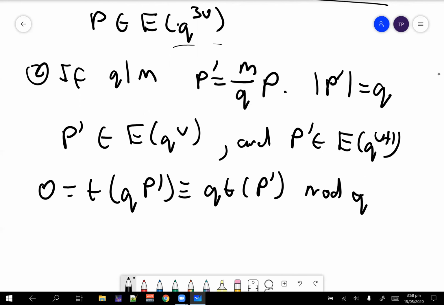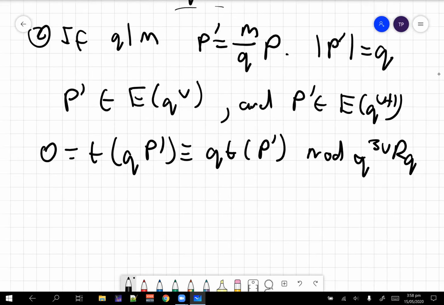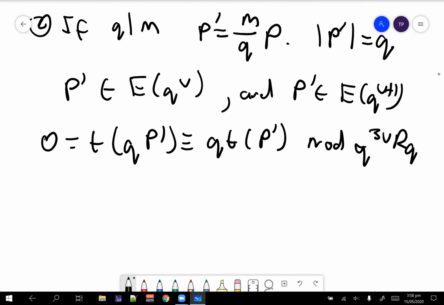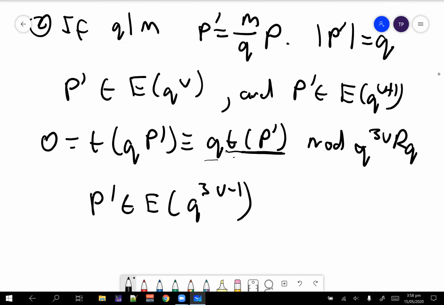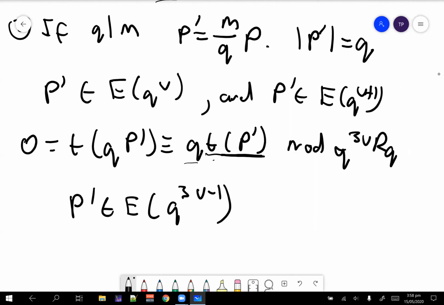And then it follows that, since Q is non-zero, this thing is 0, and that gives us a contradiction because we get that P prime is inside E of 3v minus 1, and that contradicts because 3v minus 1 is greater than v plus 1, and the thing is contained inside. Sorry, this should be not contained in. It is actually contained inside that, and that gives us our contradiction.